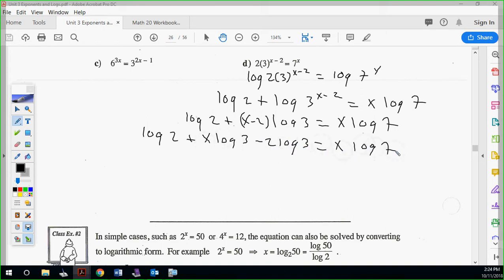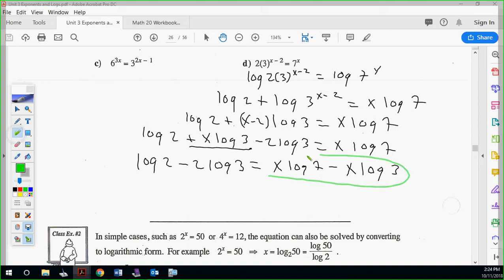Now we can take this chunk with the x on it and move it over. Log 2 minus 2 log 3 equals, remember I'm minusing it, so it's going to be x log 7 minus x log 3. And see, look, this was the point. These have x's. We can now pull an x out.